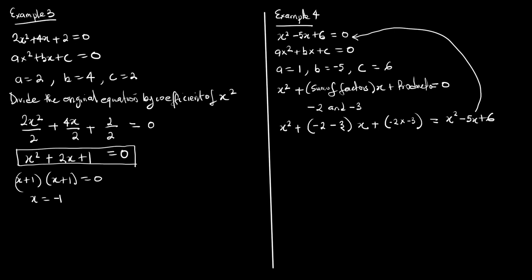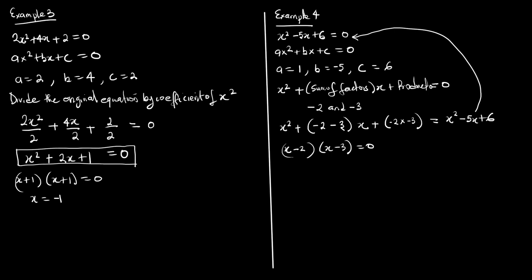Okay, good. So now that we have minus 2 and minus 3, we can put them in the form where we're multiplying those two factors. So we're going to have x minus 2 times x minus 3 is equal to 0. If you multiply through and open up the bracket, you'll see that you get the original equation.